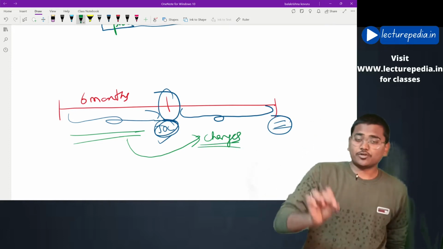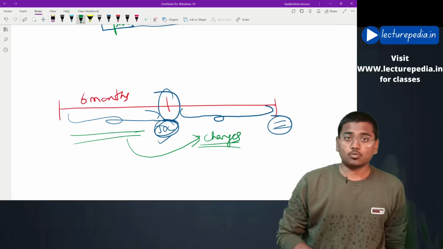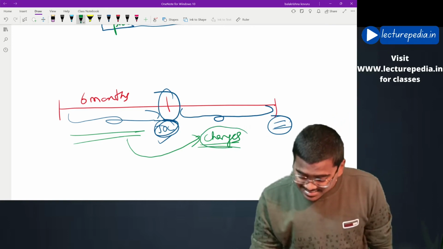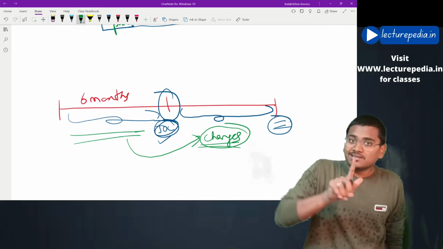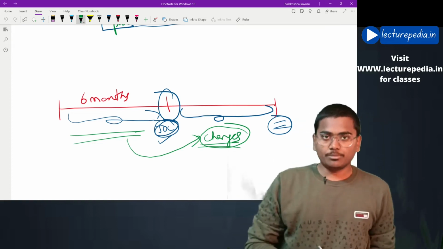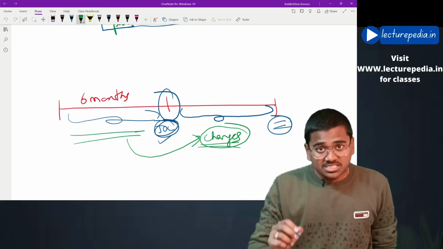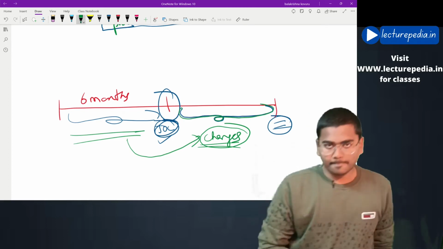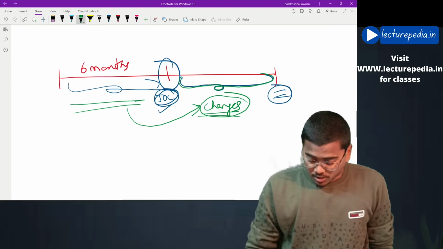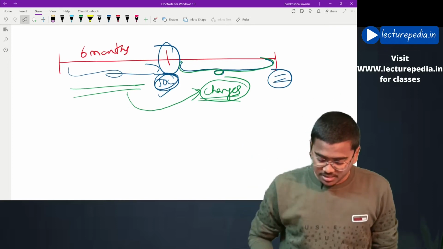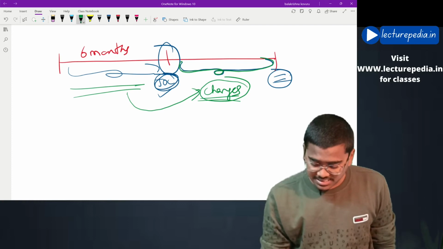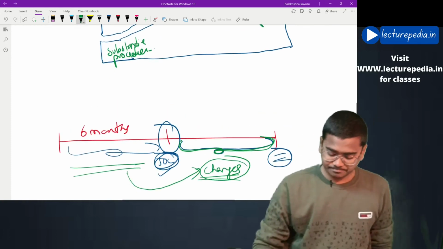The auditor will determine whether there are any changes that have been made to the controls. In case there are any changes, then the auditor has to perform test of controls even in this period also. That is how the auditor will determine whether to check the controls in this intervening period or not.